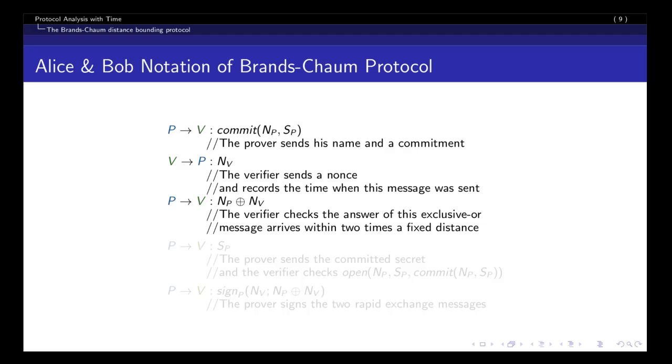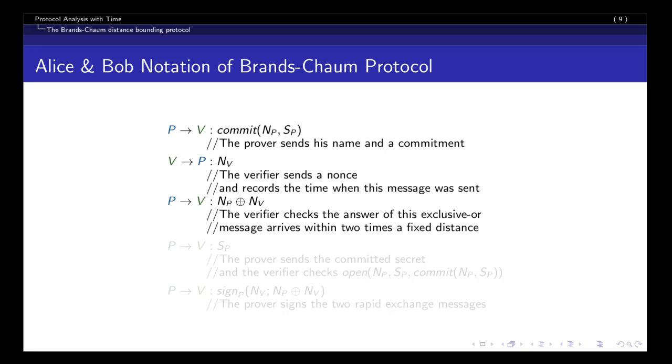After that, the prover sends to the verifier an exclusive OR of both nonces, and the verifier checks. Both messages, this one and the last one, are normally called the fast response or fast messages, and the verifier needs to check the time and the distance for both messages to see that everything is correct.